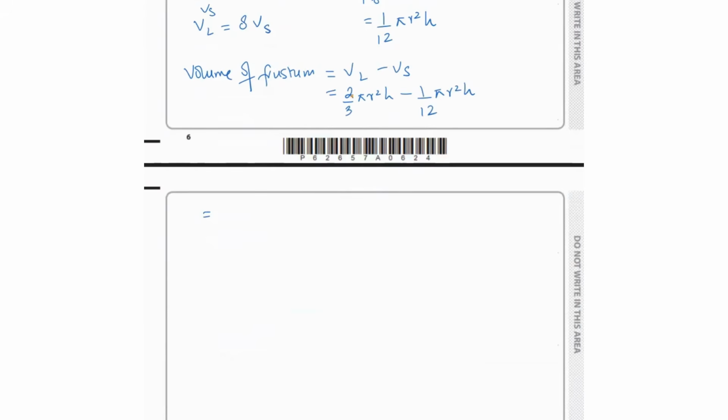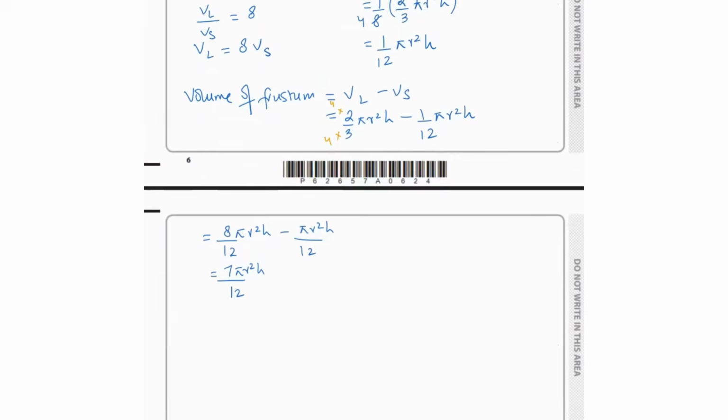Multiply this by 4 because we're subtracting fractions with unlike denominators. 8 pi r squared h over 12 minus pi r squared h over 12. So that's 7 pi r squared h over 12. That is the volume of the frustum.